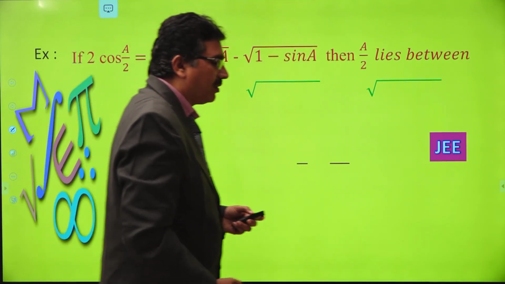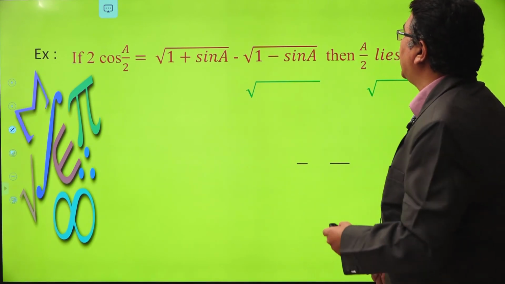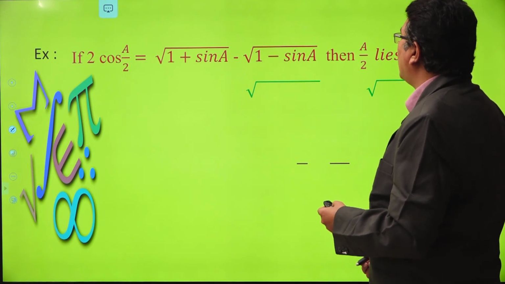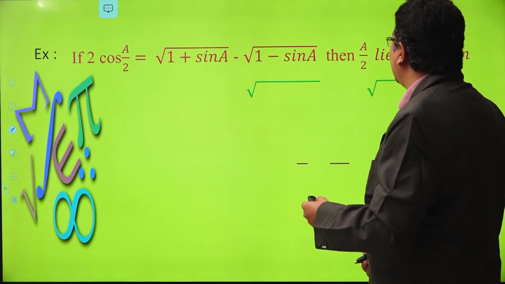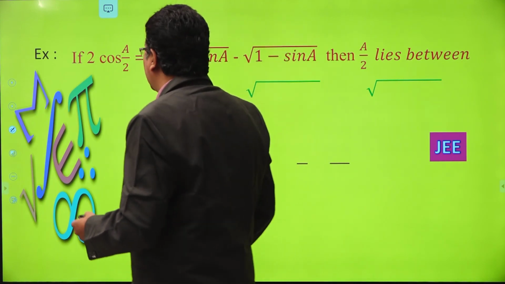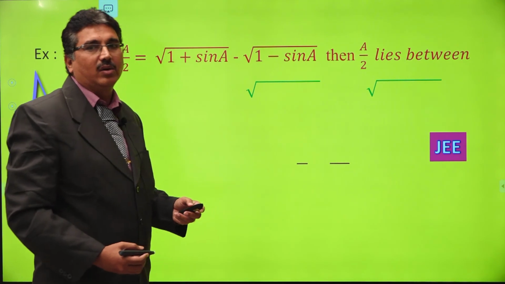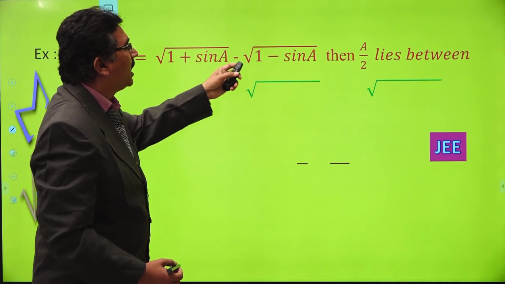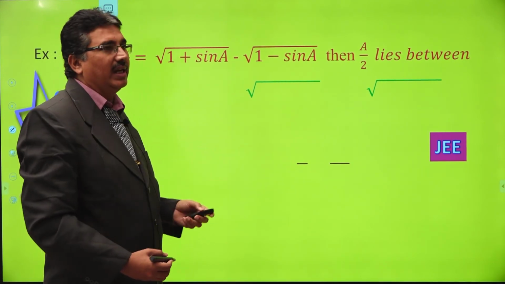If 2 cos a by 2 is equal to square root of 1 plus sin a minus square root of 1 minus sin a, then a by 2 lies between what? Right? This is the way to ask the question.